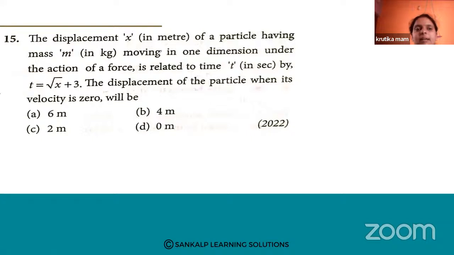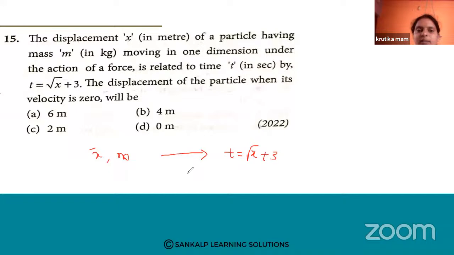What have they said? The displacement is given as x of a particle having mass m. So the displacement is given as x and the particle is having mass m. It is moving in one direction under the action of a force. So it is moving in one direction under the action of a force. It is related with the time t. So while it moves, the time they have given is root x plus 3.